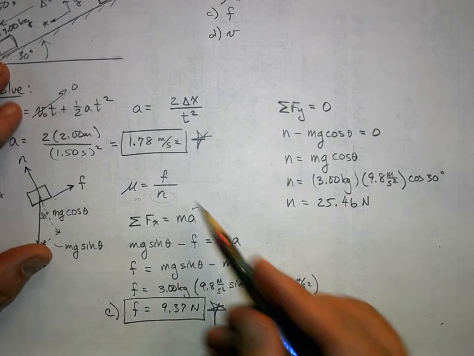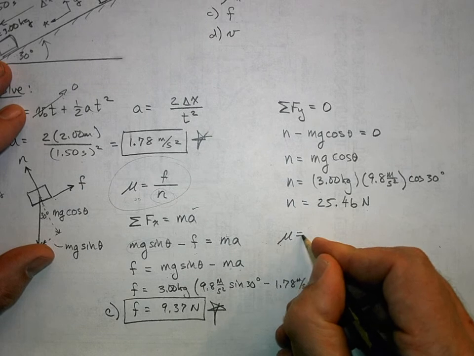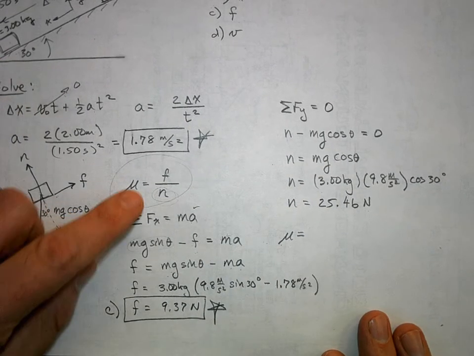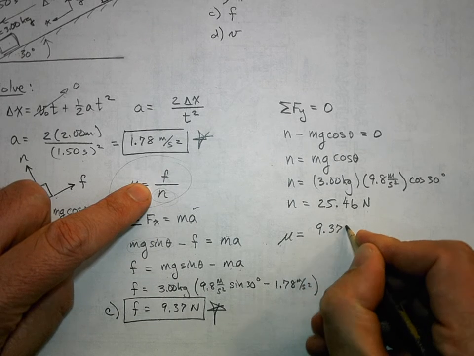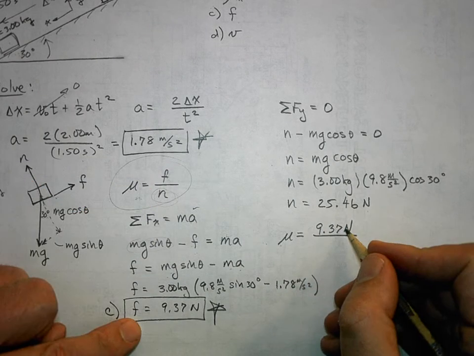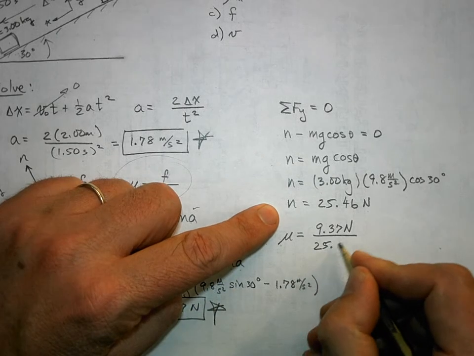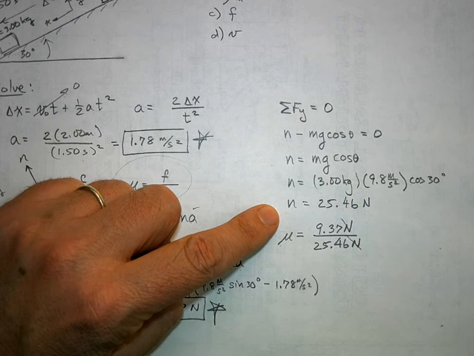Now we can figure out what mu is. Woohoo! So mu is equal to the force of friction divided by the normal force. The newtons cancel.